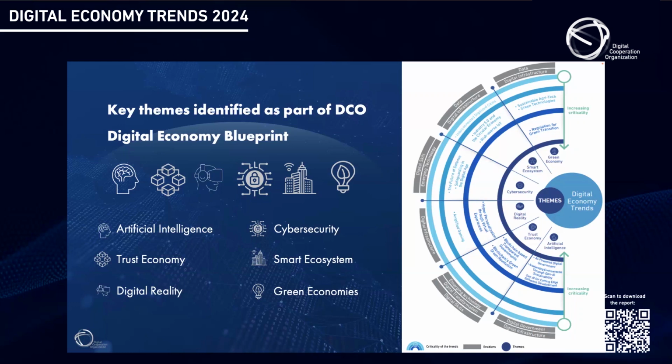In this slide, we present our digital economy trend blueprint. This report blueprint provides a comprehensive representation of digital economy themes and related trends that have been identified in our analysis. The trends for 2024 are organized into 6 key themes, as you saw in the slides: AI, trust economy, digital realities, cybersecurity, smart ecosystem, and green economies.